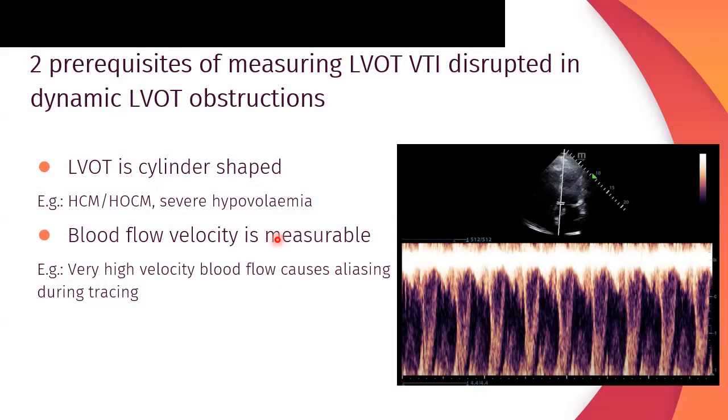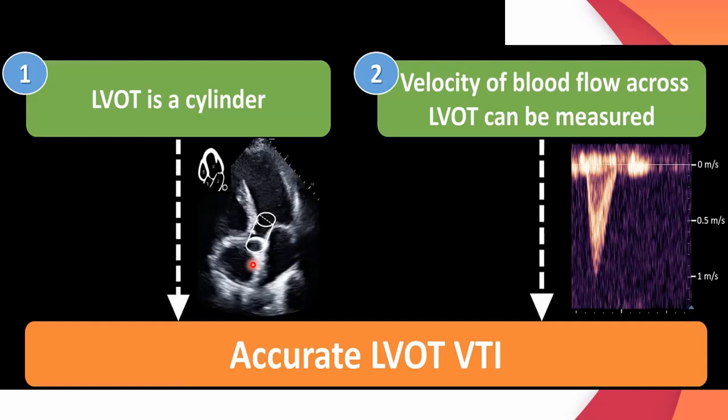Number 2, we need to be able to measure the blood flow itself, right? The issue is sometimes you have very chaotic blood flow, so you cannot get an actual VTI reading, right? So we cannot measure the stroke volume. Okay. So this is what we mentioned.